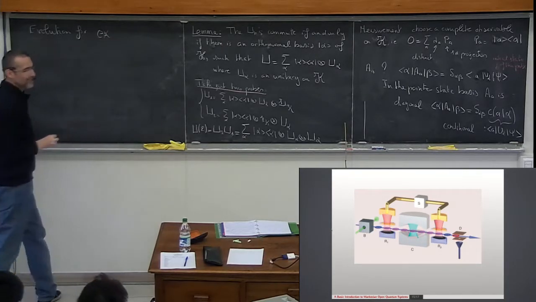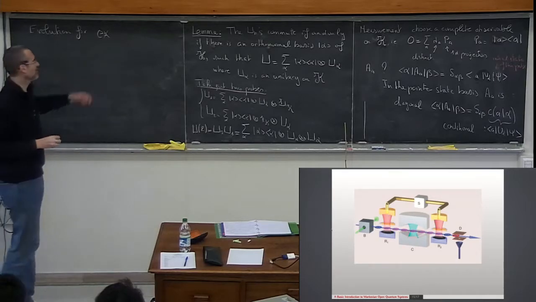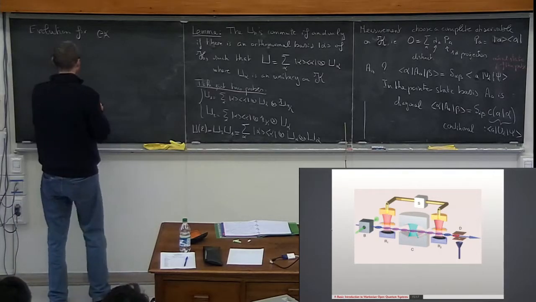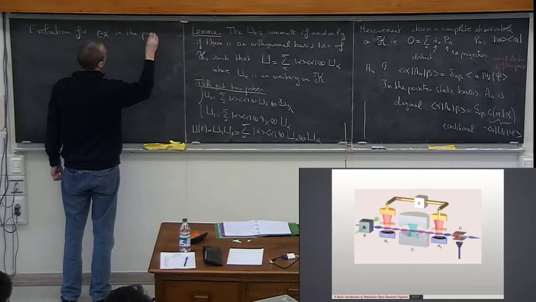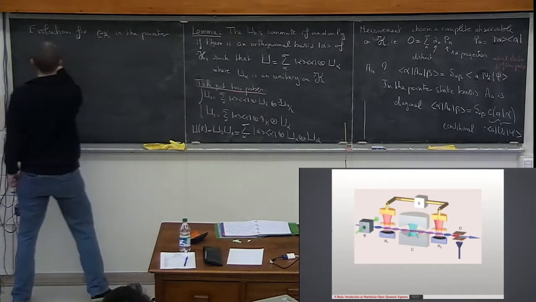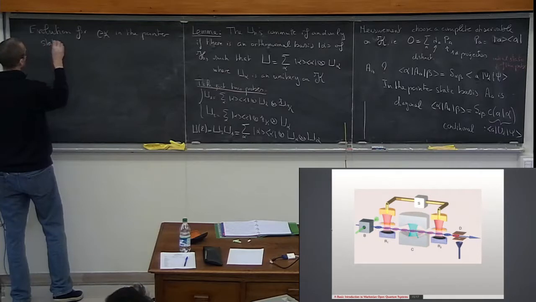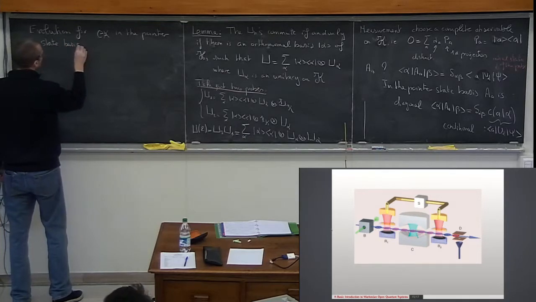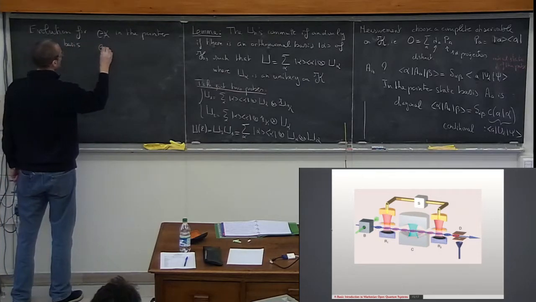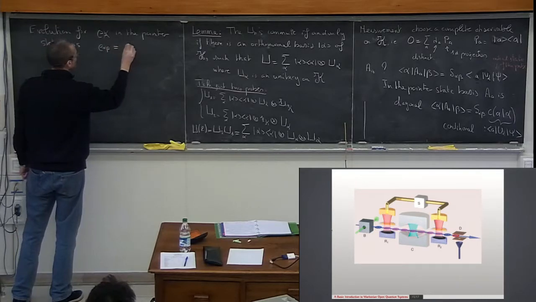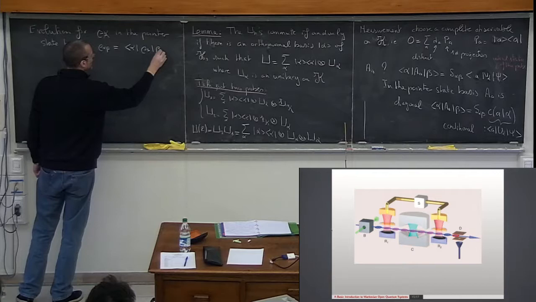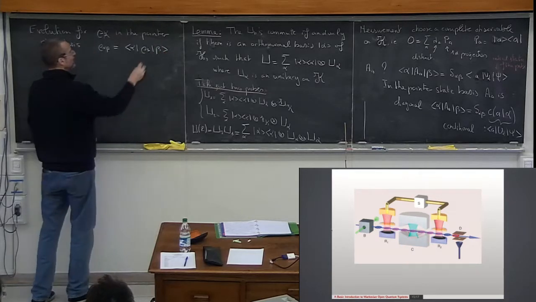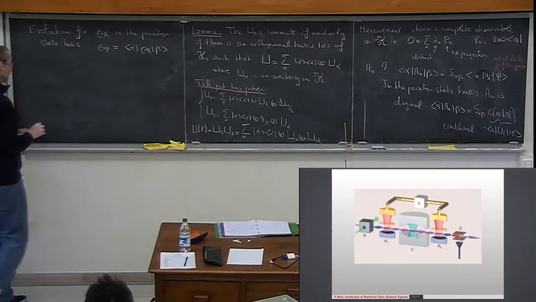I'm talking only about the system from now on, so I don't put the subscript S. And I go to the pointer state basis. So I have rho alpha beta, which is equal to alpha rho S beta, and I decided I didn't want to keep the S. Okay.